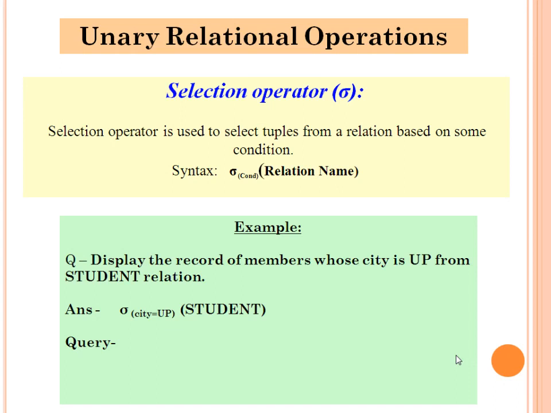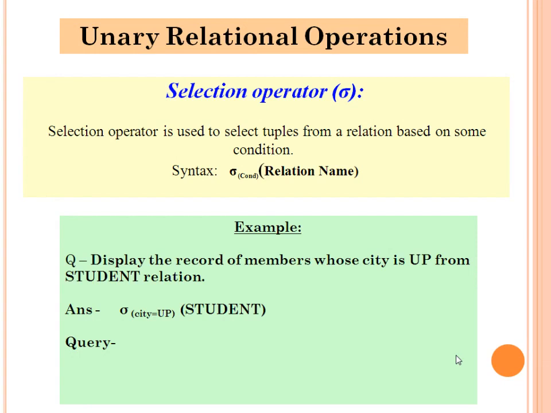Selection operation. Selection operation is used for selecting all the columns according to a given selection condition. We use the select command for this. For this operation, we use the sigma symbol that denotes it. See the example which we will write as a query in MySQL.